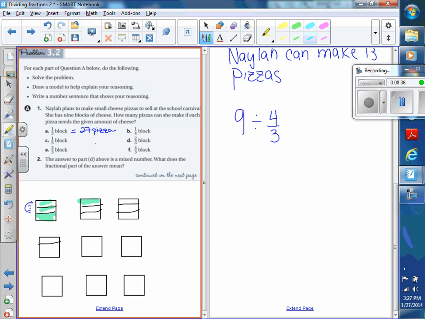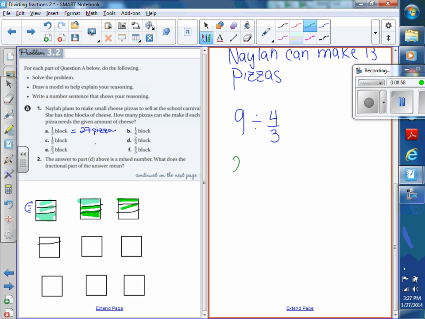Do you see that? And then I would need this much for the second pizza. So 3 blocks only makes 2 pizzas with a little leftover. So the picture gets a little complicated, but you could do it. But the rule makes it easy.